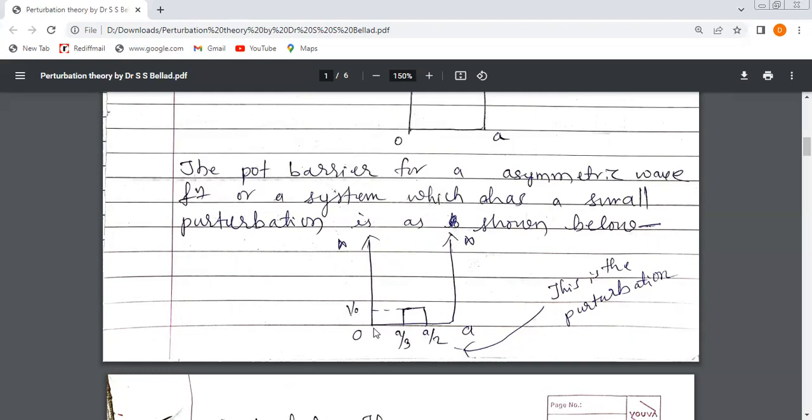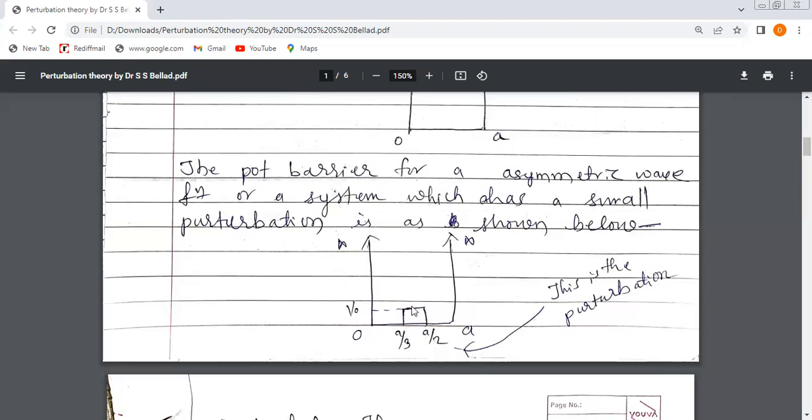When you go from 0 to A, when you are at A by 3, the potential suddenly rises. So when you are moving along the x-axis, the potential should be 0. But when you reach the point A by 3, the potential at this point rises to V0. Then it remains constant for some time and then it comes down.